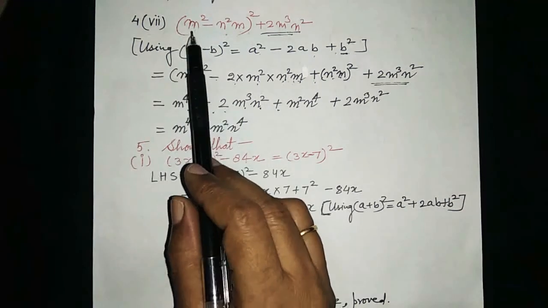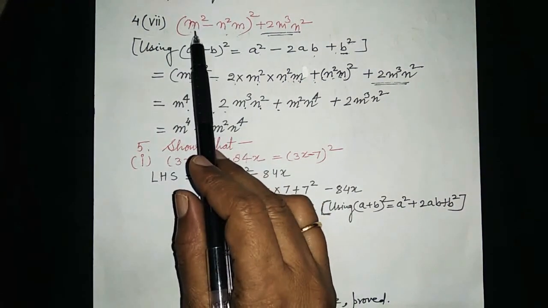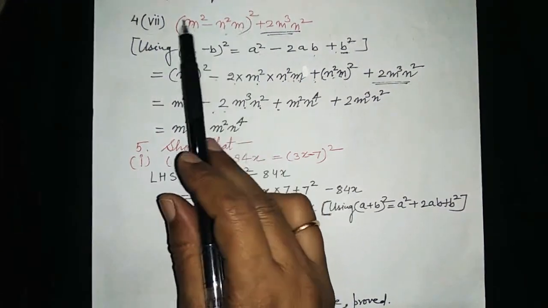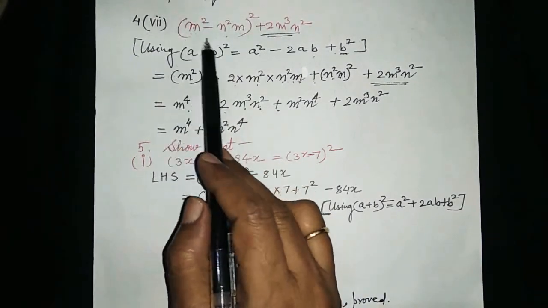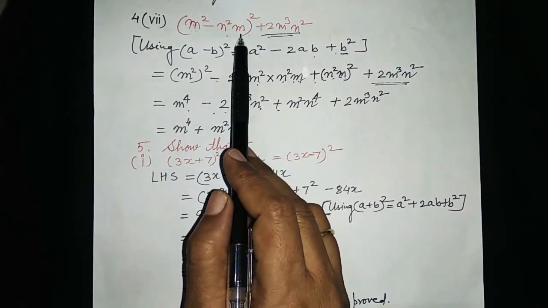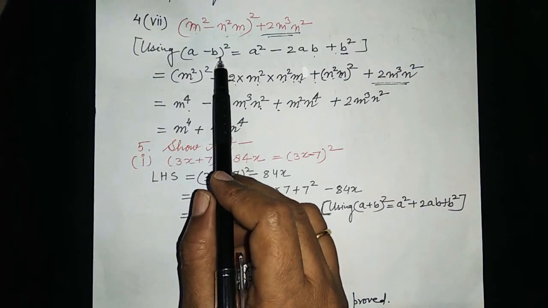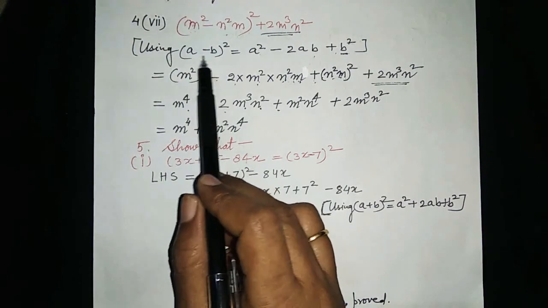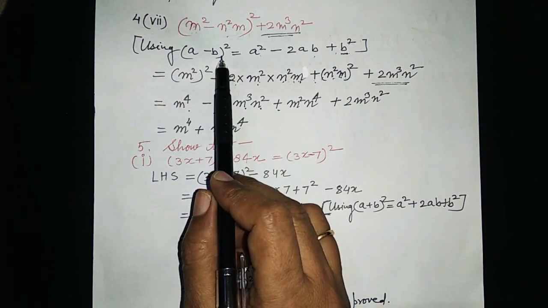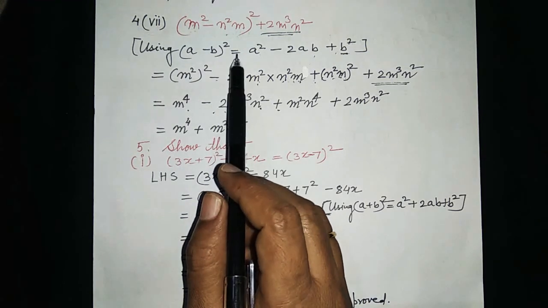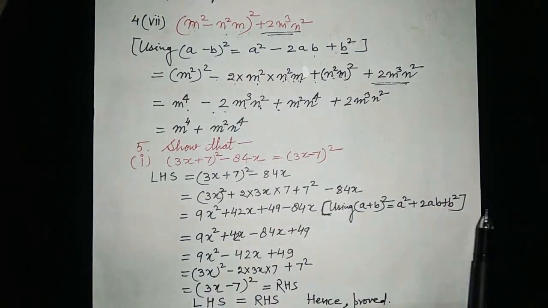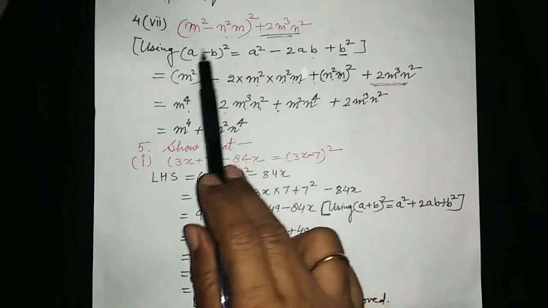So here it is like (a minus b) whole square, so we can use the identity (a minus b) whole square is equal to a square minus 2ab plus b square.